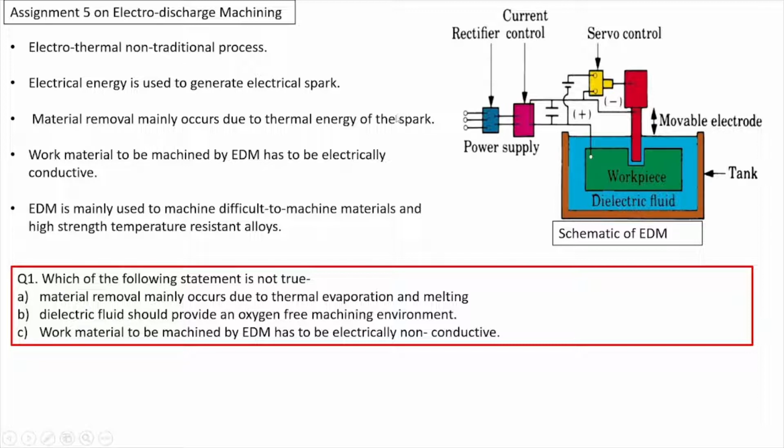So high speed electrons impinge on the workpiece and ions on the tool. Then the kinetic energy of those electrons and ions with the surface of the workpiece and tool will be converted into thermal energy, or we can say heat flux itself.